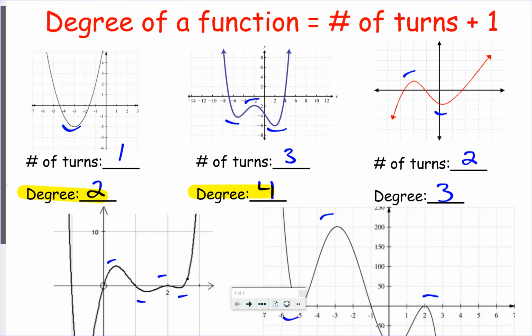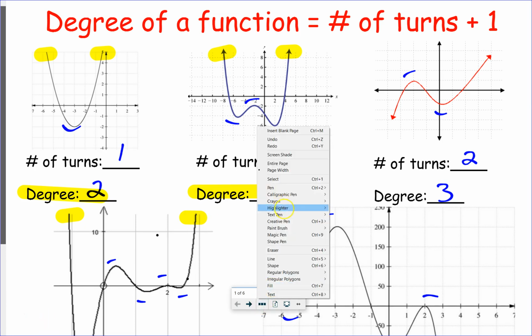Okay, the degree number was even, 2, 4, 6. All right, is there anything else they have in common? What are you seeing? They're both going up. Opening up. My ends are both going up. More importantly, they're going the same direction. Okay? So that might mean something for us.